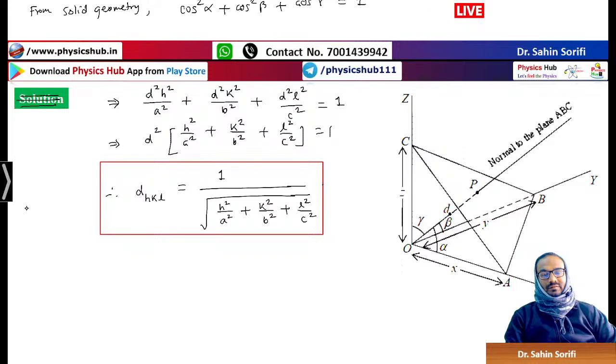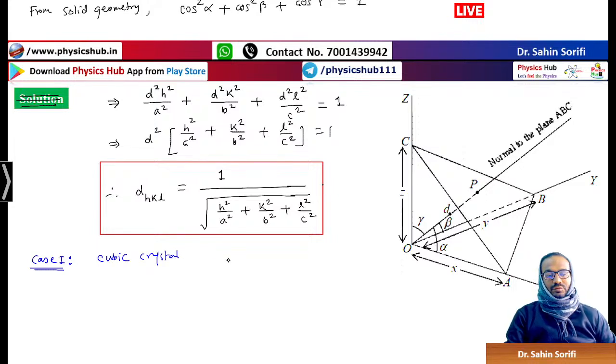Now, this is a general formula. There may be different cases for this. Let's say case 1, the most popular one, a cubic crystal. What changes will there be in this formula for a cubic crystal?